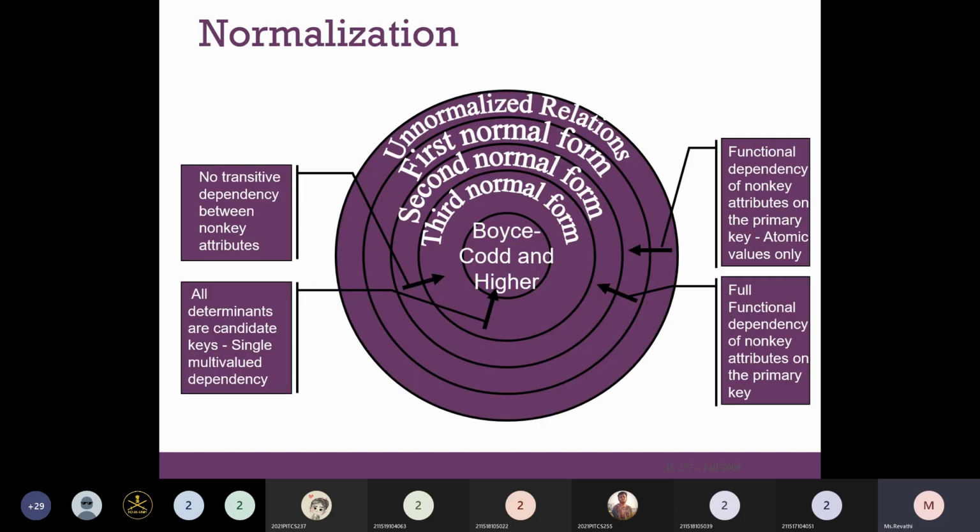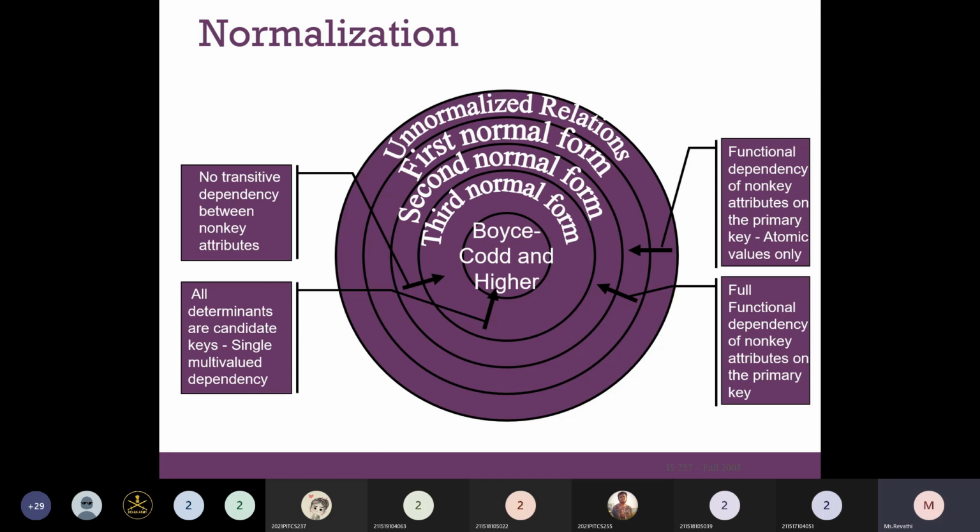The schematic diagram of the various normal forms is projected here. This is the outermost structure, where we have unnormalized relations. By decomposing your table into a number of subtables, we can bring it to first normal form.